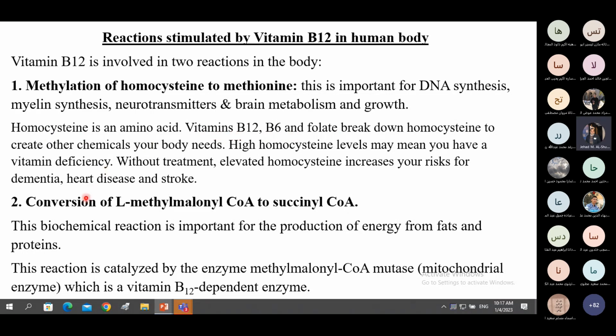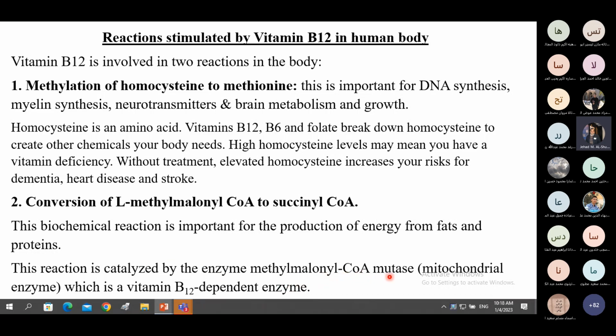The second reaction is the conversion of L-methylmalonyl coenzyme A to succinyl coenzyme A. This reaction is very important for the production of energy from fat and protein. This conversion is catalyzed by what enzyme?